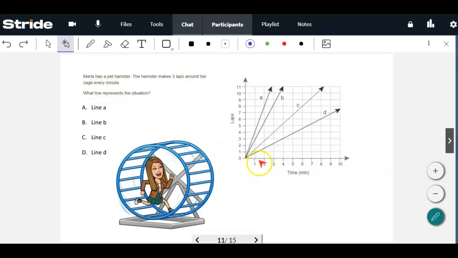So where it's 1, it needs to go to 3. It's 1 minute, 3 laps. So it should be this one right here. Well, you can see that. It is here. So it's B.